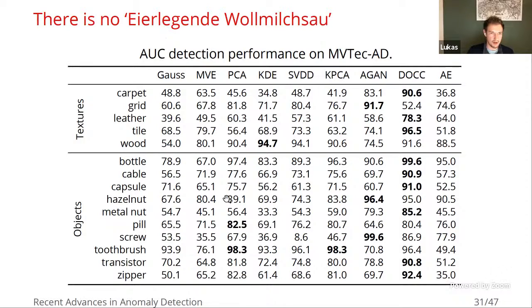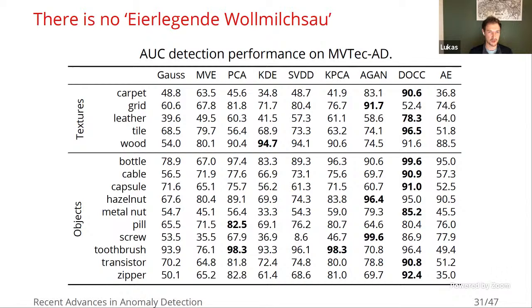And another result is that there is no Eierlegende Wollmilchsau, in the spirit of the no free lunch theorem. Eierlegende Wollmilchsau means an egg-laying wool pig that also gives milk. So there's always a trade-off, of course, between the different models.